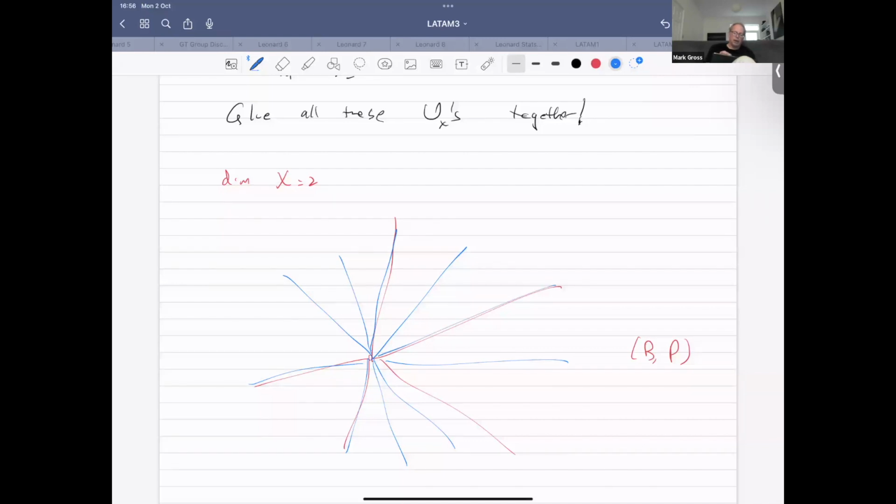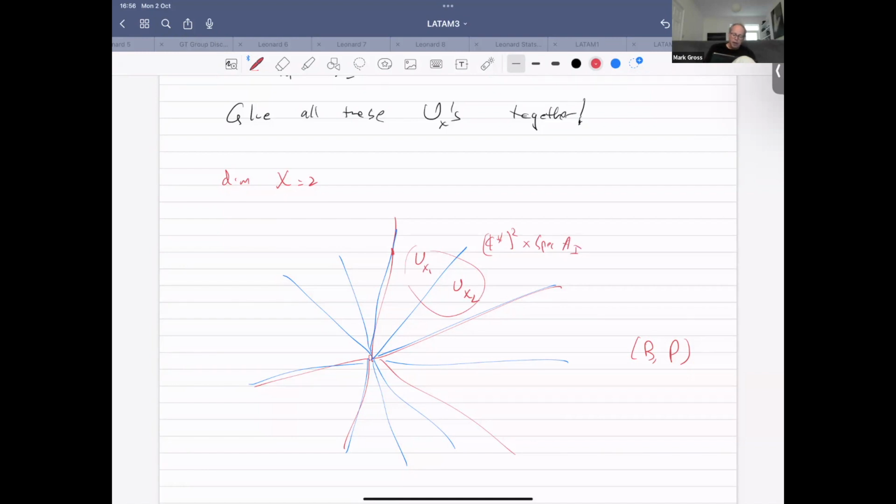And now we have an open set. We have a UX here, UX1, UX2. These are just tori, so these would be copies of C star squared, spec A I.